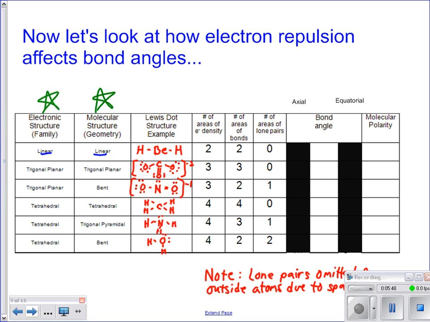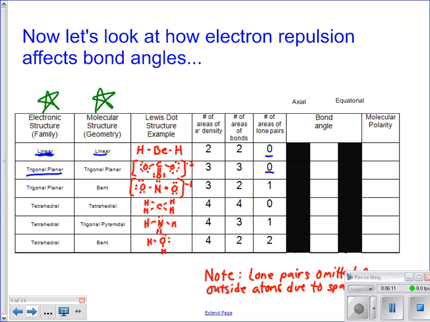You'll notice that the molecular structure is really just a subset of the electronic structure. There are 5 main electronic structures, and as we go through here, we're going to see that linear is one. So I'm going to look at every single case where I have 0 lone pairs. One electronic structure is linear.